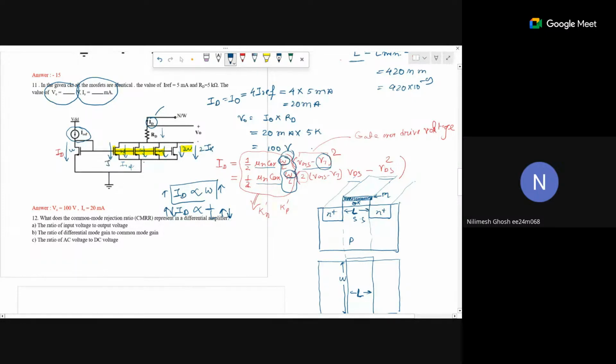So 5IX equals ID. Now we can directly say that IX equals IREF. So ID equals how much in terms of IREF?